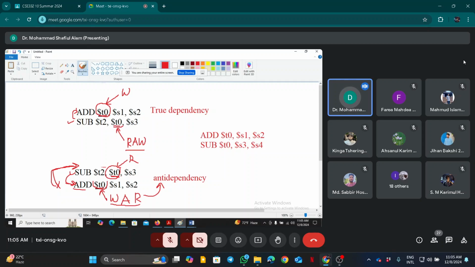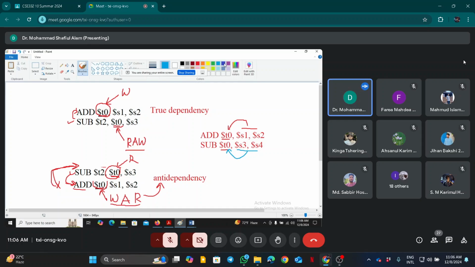In these instructions, the same register is used to store the result. It will hold the sum of this one, and in the succeeding instruction, the same register is used to hold the result of this.